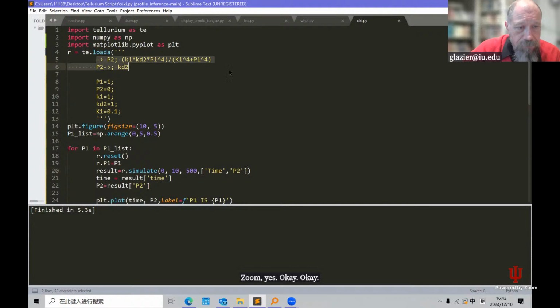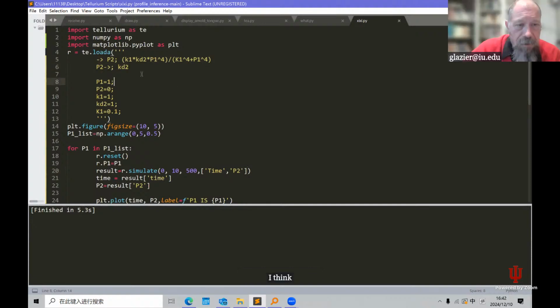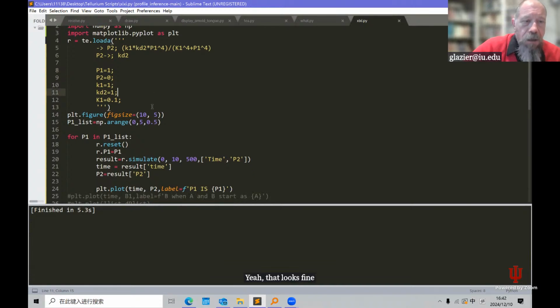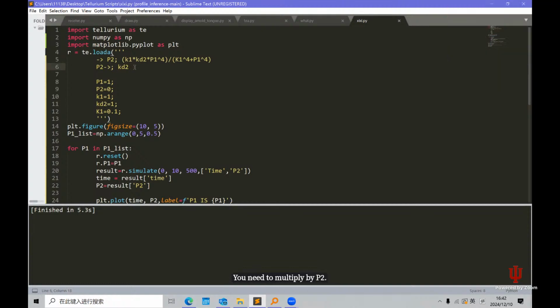Is this correct? Let's see. K1 times KD2, P1 to the n over K1 to the n plus P1 to the n. Yeah, that looks fine. On line 6, you need to multiply by P2. Oh yeah, right. The rate law has to be multiplied by P2.